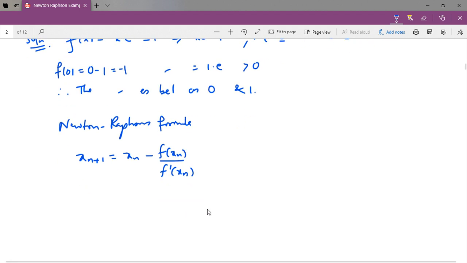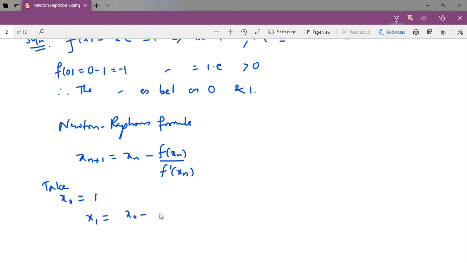Now we are going to choose x naught, take x naught is equal to 1. Then x1 is equal to x naught minus f of x naught divided by f dash of x naught. So x naught is 1 minus f of x naught.